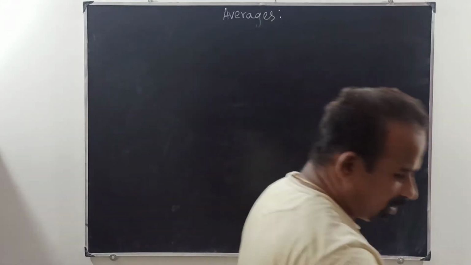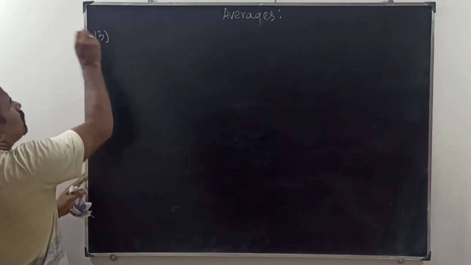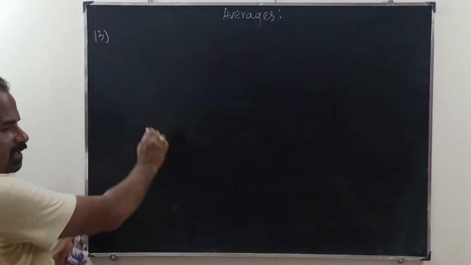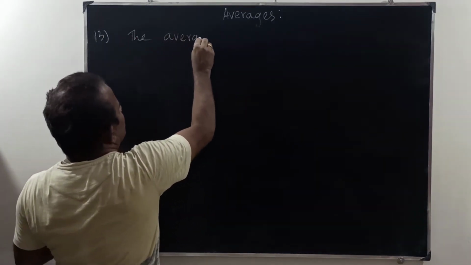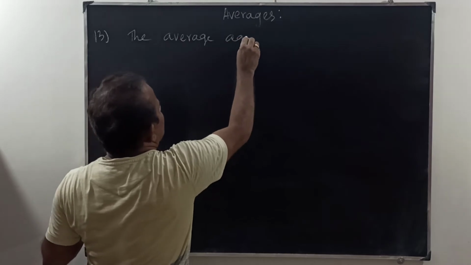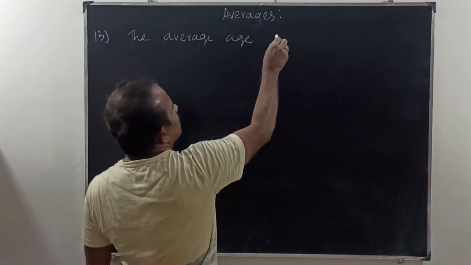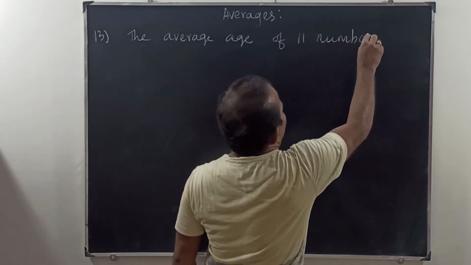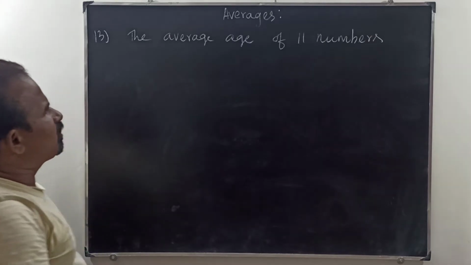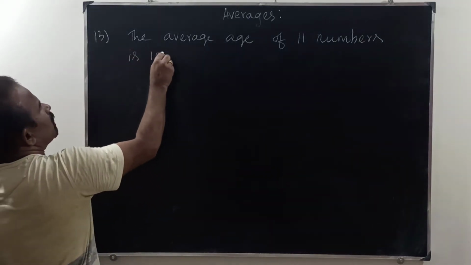Question number 13: the average of 11 numbers is 10.9.